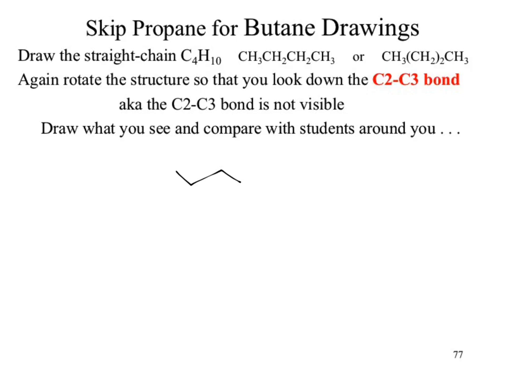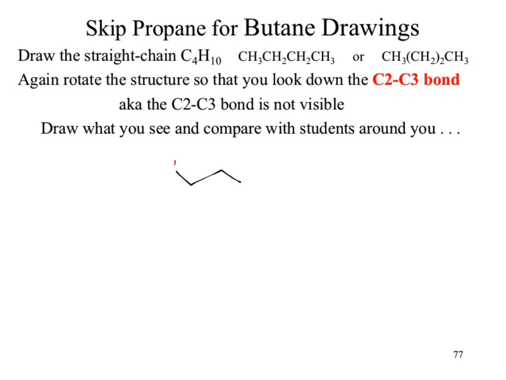Why would butane potentially be a little bit more challenging than ethane? There's multiple carbon-carbon bonds to look down. Only one of them becomes particularly relevant. That is the carbon-2, carbon-3 bond. How do I know one is carbon-2 and the other one's carbon-3?